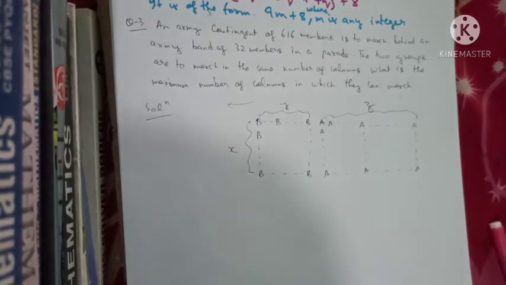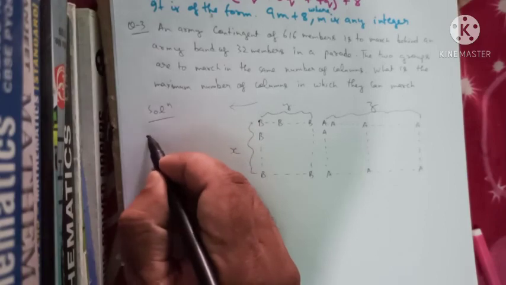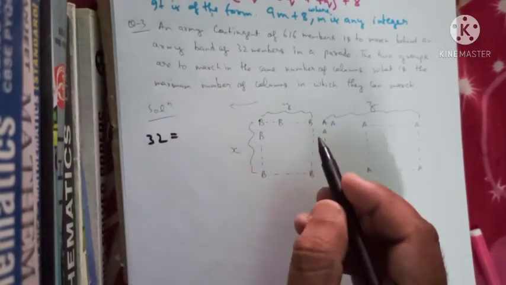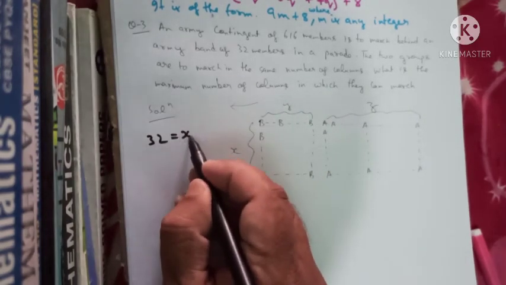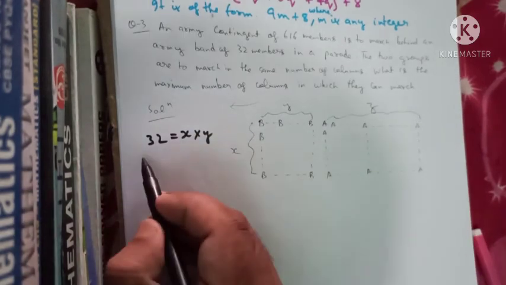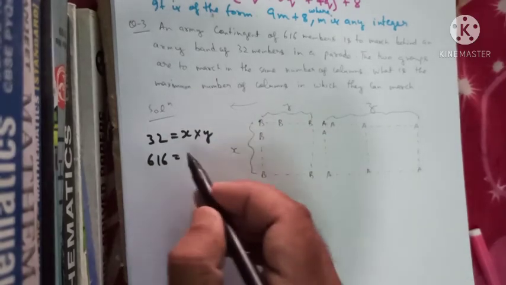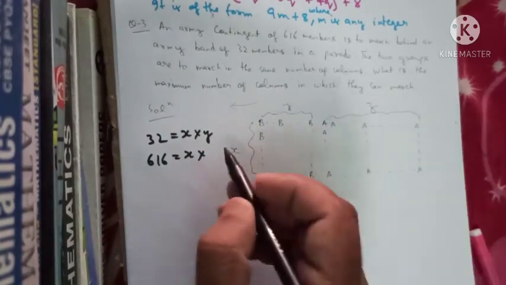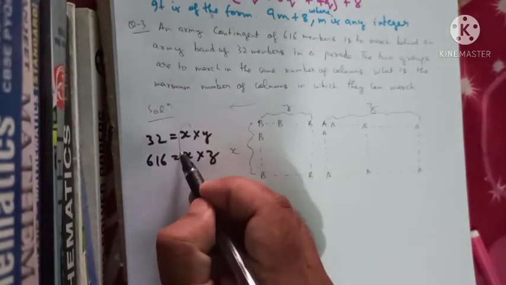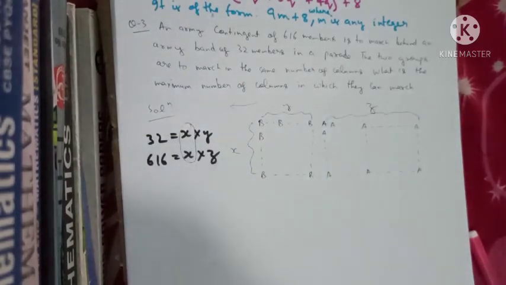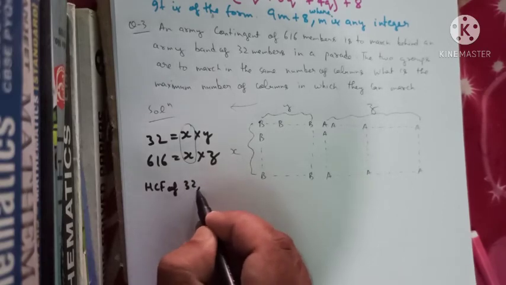So here you can clearly see that the number of band members, 32, will be the product of the number of rows of band members multiplied by the number of columns, that is X into Y. And for the army persons, it will be the number of rows, that is X, into the number of columns, that is Z. Here you can clearly see that the number of columns X will be the HCF of 32 and 616.